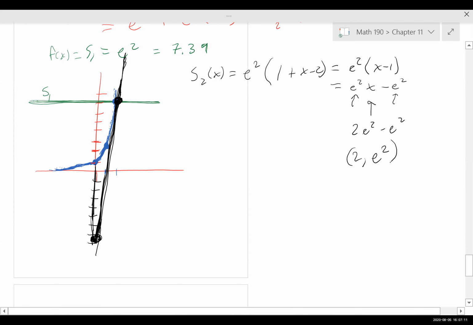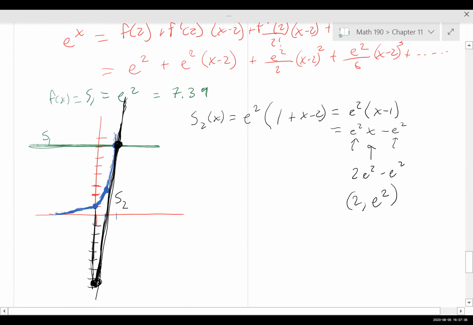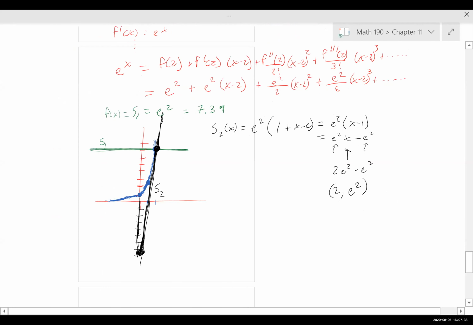So the idea here is that this is going to be linear, so I'm going to call this S2. And now if I add a third term on, what is the shape of the curve going to be?